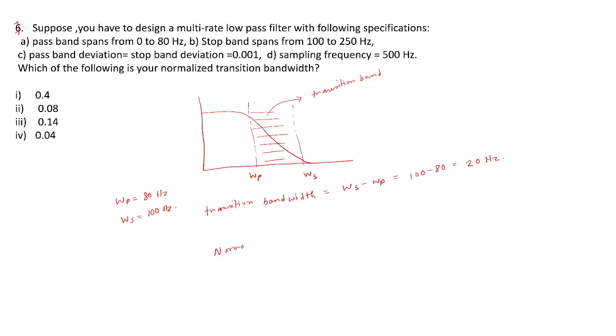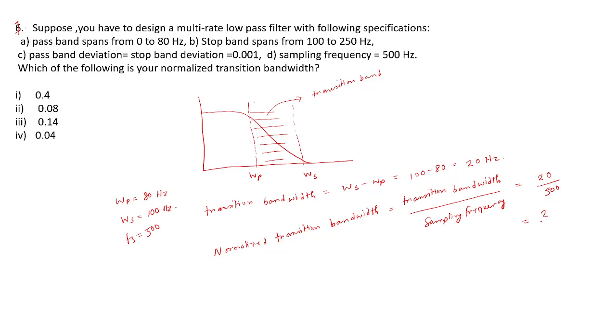Your normalized transition bandwidth is nothing but the transition bandwidth divided by the sampling frequency, which you obtain as 20 over the sampling frequency Fs, which is 500.